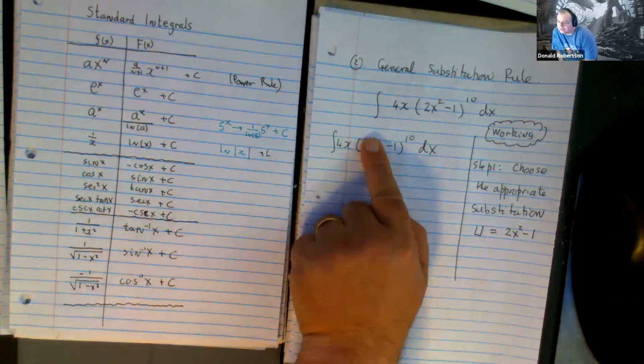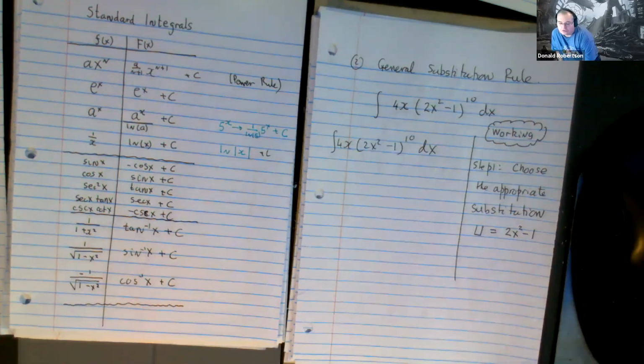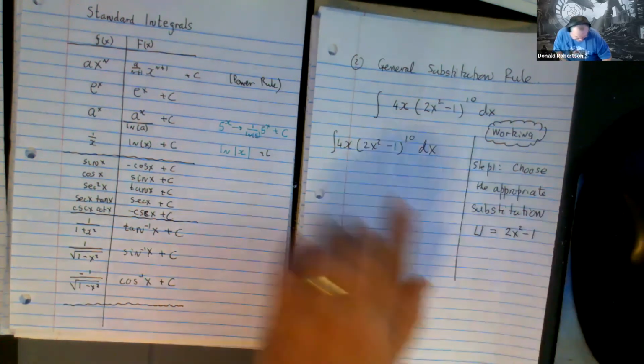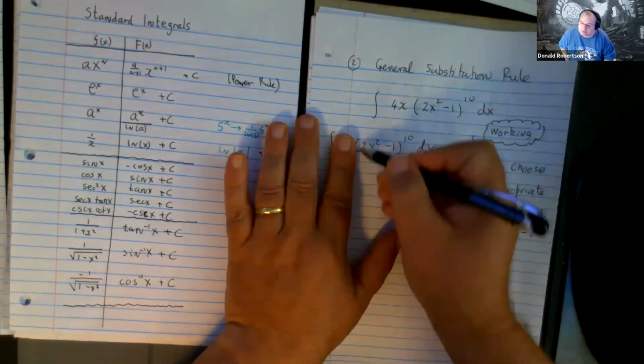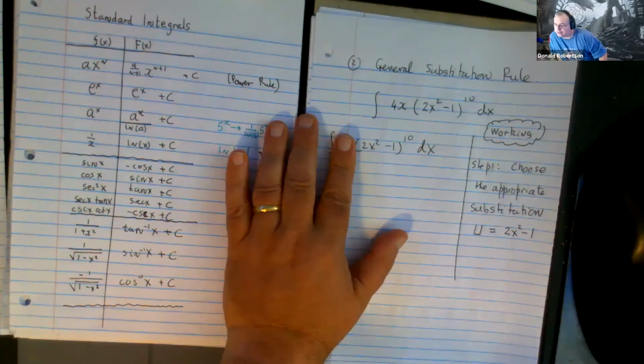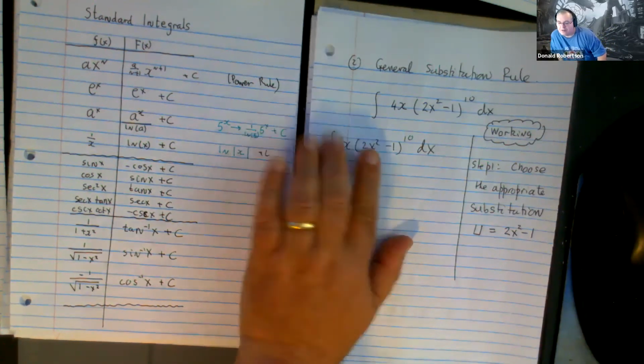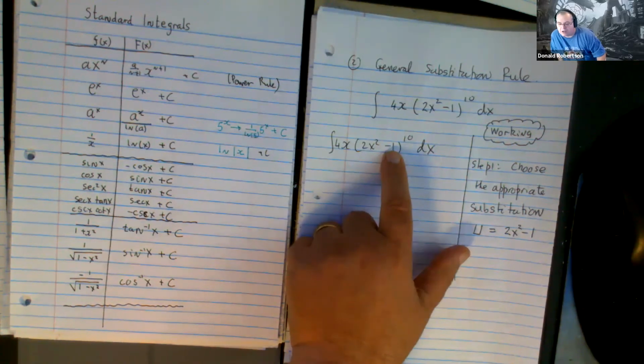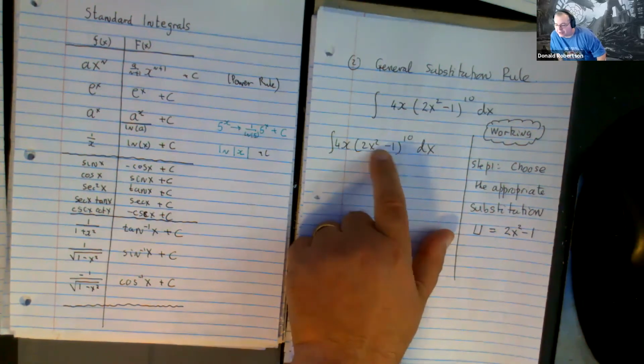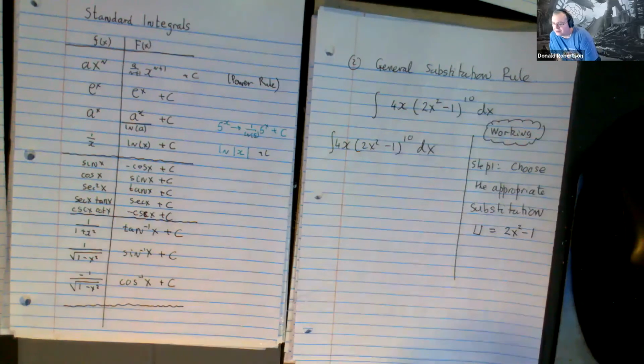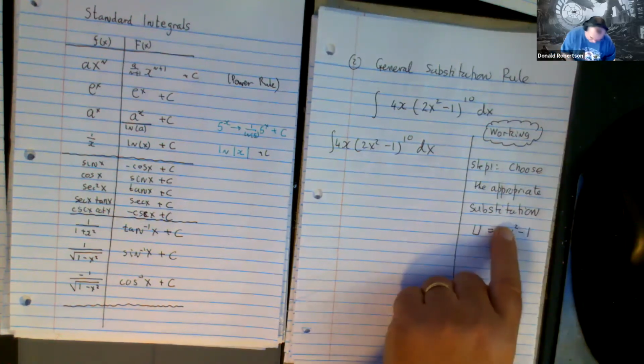That's the only 2 guys in town. Substitutions are never going to be that entire package. Don't even think of that as a substitution choice. One way I look at it is if something's in a bracket, that's probably going to be the guy that's my substitution. So that's step 1. Choose the appropriate substitution.